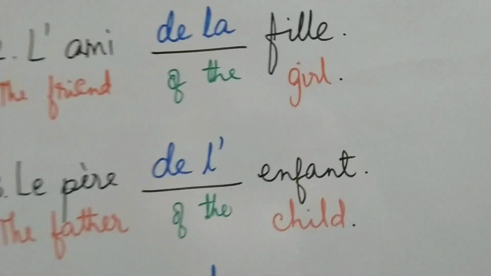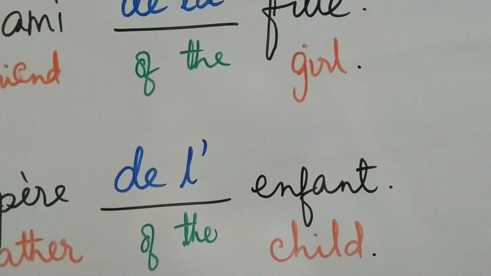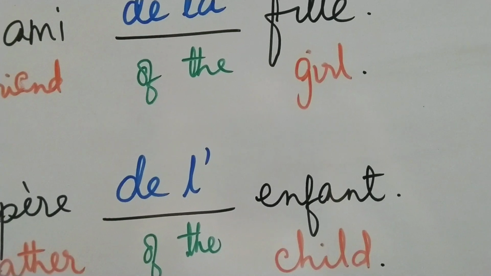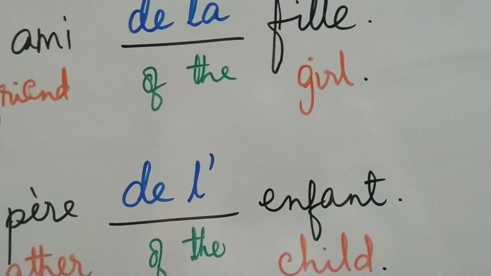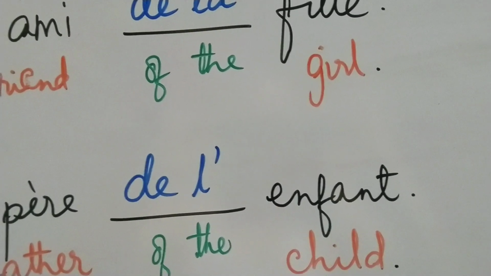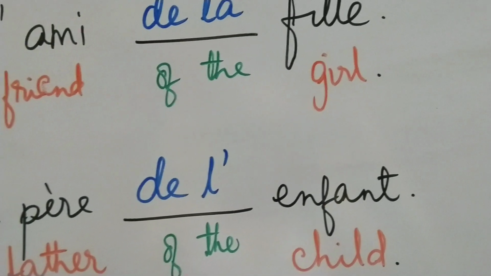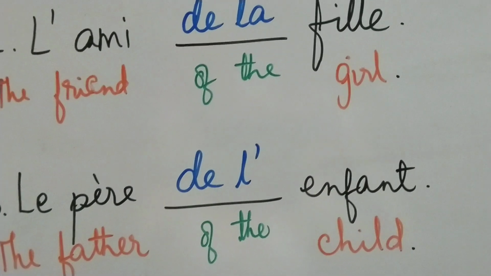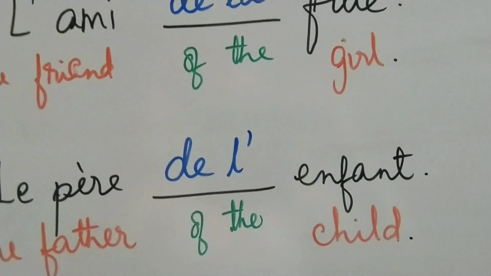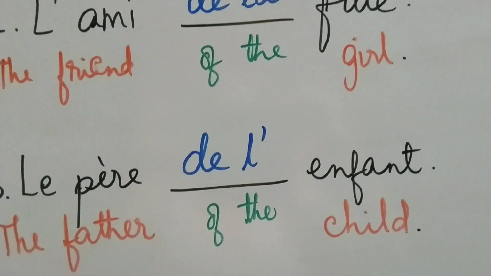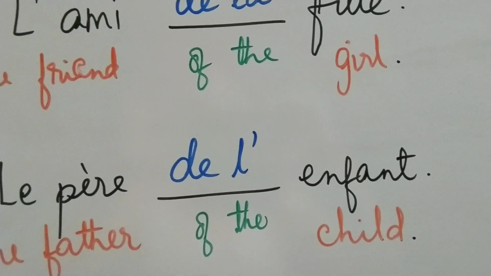The noun enfant begins with a vowel e and it is singular. Therefore, de l apostrophe is used before all masculine and feminine singular nouns beginning with vowels or h mutes.